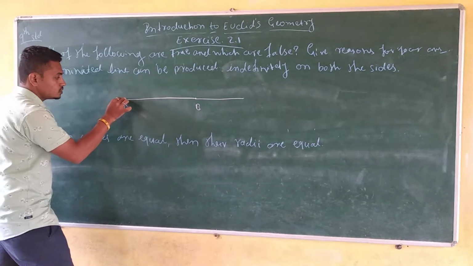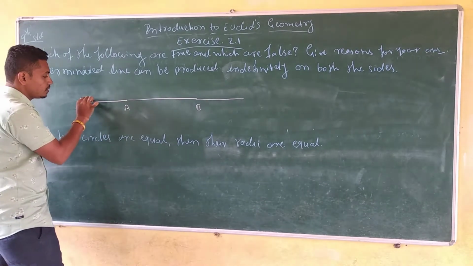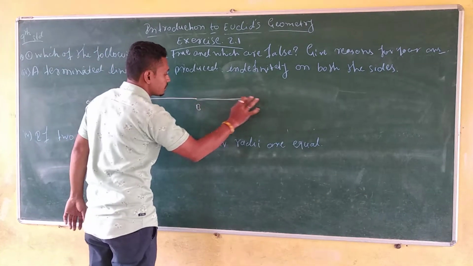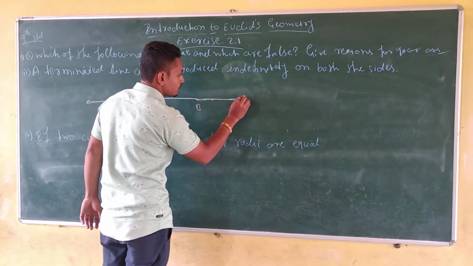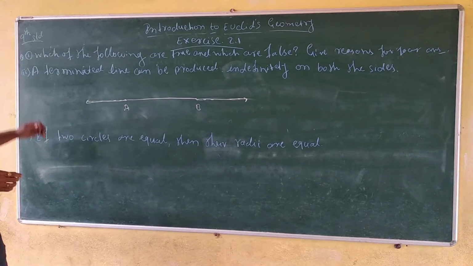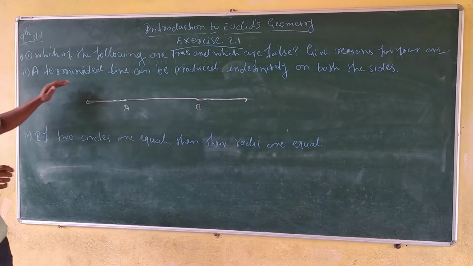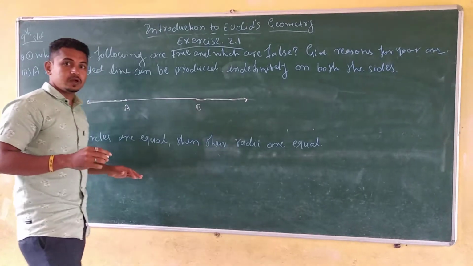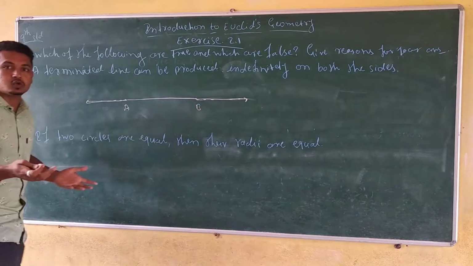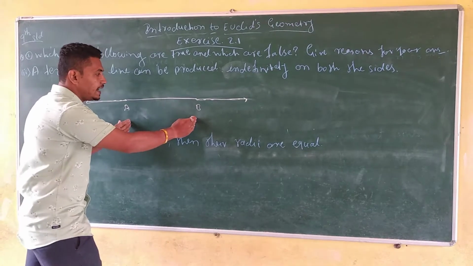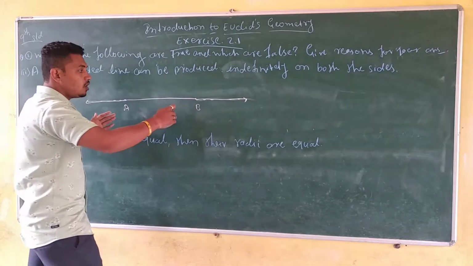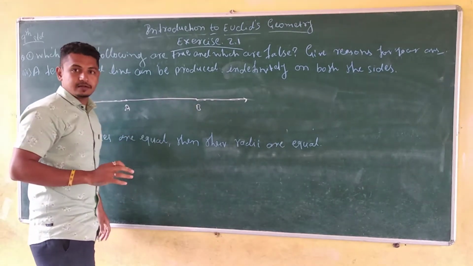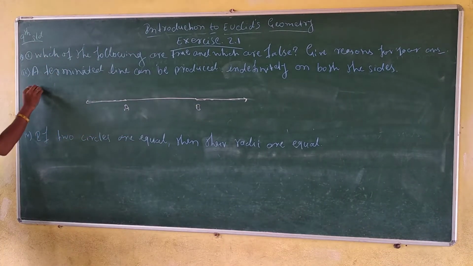So the statement, a terminated line can be produced indefinitely on both sides, is true. Why true? Because this terminated line can be extended on both sides indefinitely. Is it right?